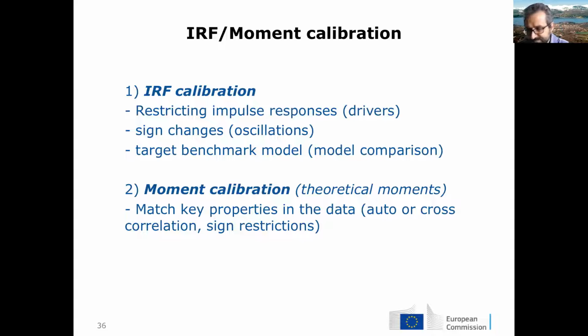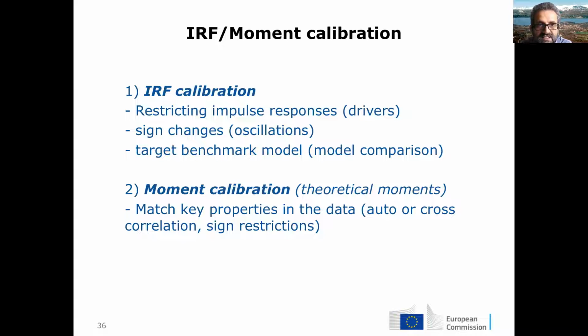A second big class of questions that you may want to tackle with Monte Carlo filtering is calibration. A typical way of calibrating is some sort of IRF matching or moment matching. These are loose notions, whereas we'll talk about proper moment matching also in this summer school.